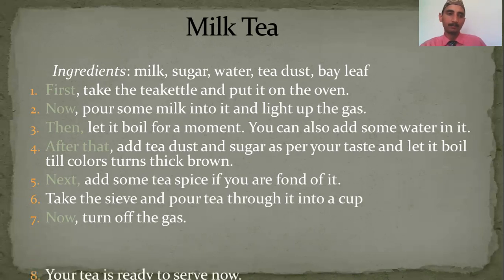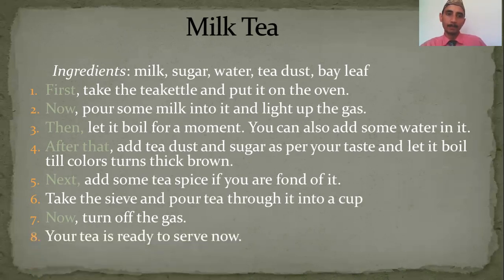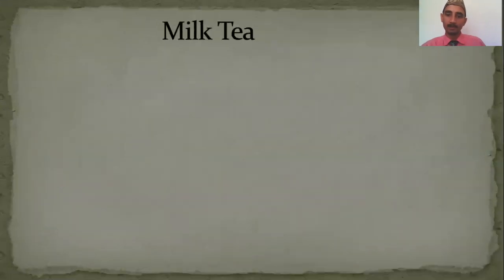Second part, ingredients, that means the necessary materials: milk, sugar, water, tea dust, bay leaf, these are the ingredients. And third part involves the instruction, that means let's say direction. So you can write on average, or let's say more or less 8 points, and you have to use the imperative sentence. Okay, everything is same here, right?